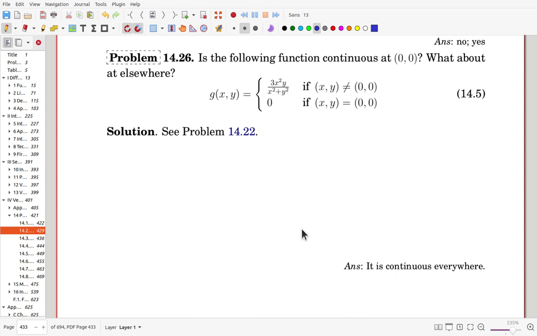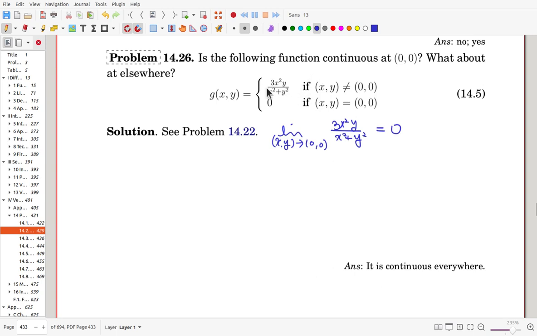Is the following function continuous at (0,0)? What about elsewhere? Now, for that function, in problem 14.22, we proved that if we start with this one, then the limit as (x,y) approaches (0,0) of 3x squared y over x squared plus y squared, by using the squeeze theorem, is 0.